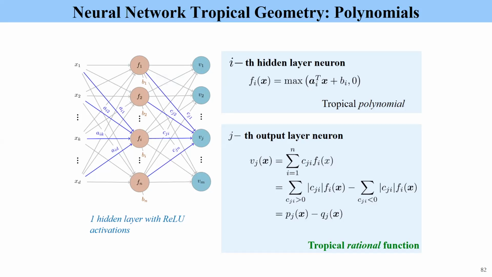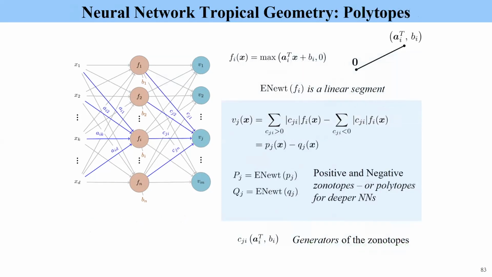These multiplication coefficients we can separate into positive and negative, and we can absorb them into the slope vectors A and the bias vectors of the affine terms. So for every output neuron, we end up representing it with a difference of 2 max plus polynomials, the P and the Q, and each one of them corresponds to a polytope.